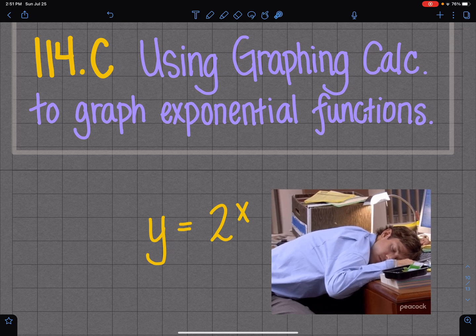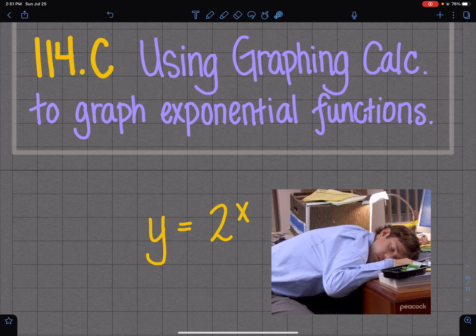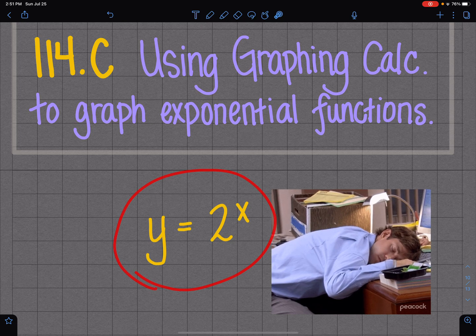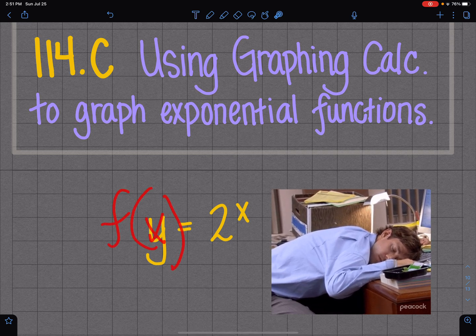So we're going to start practicing how to use a graphing calculator as a tool for graphing some of these functions. So let's start with an easy one. We're going to graph this using your graphing calculator. This is a function, kind of like f of x is equal to 2 raised to the exponent x, right?